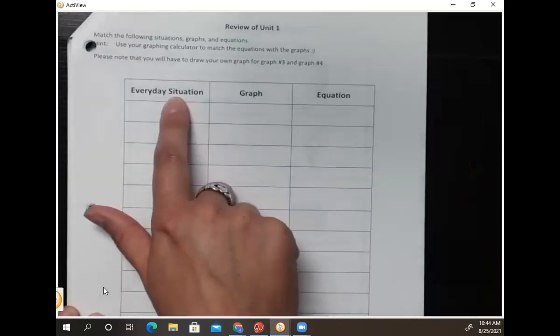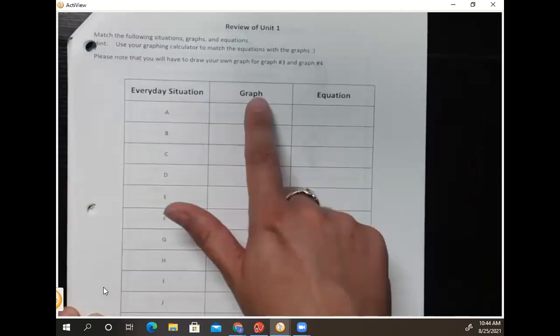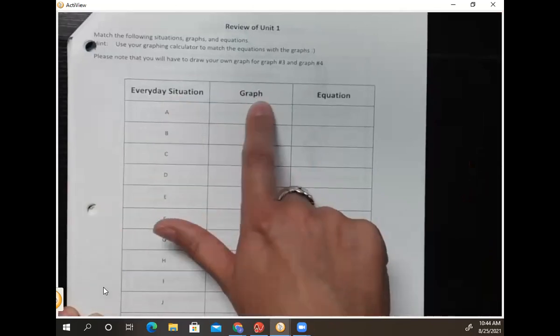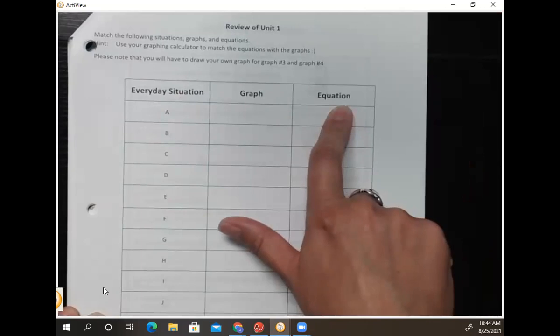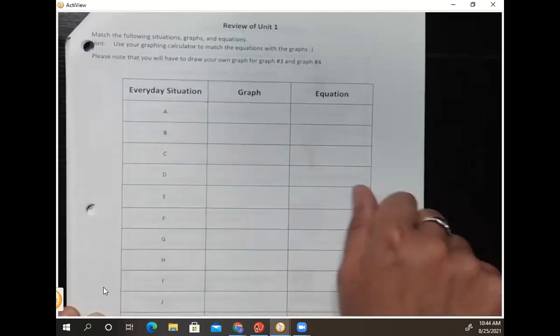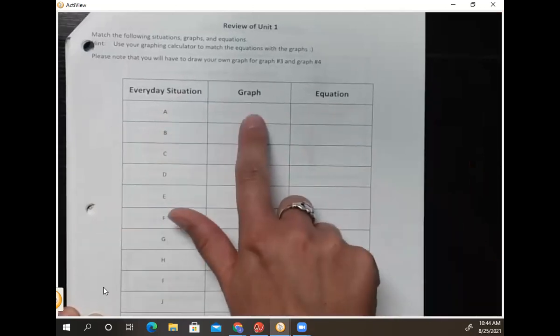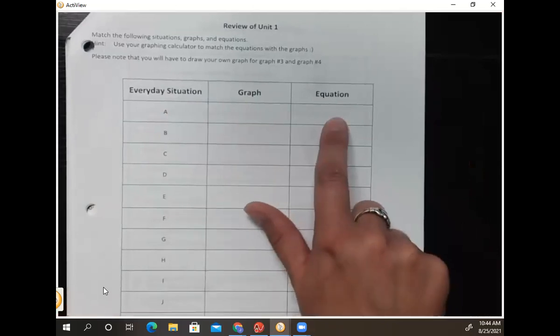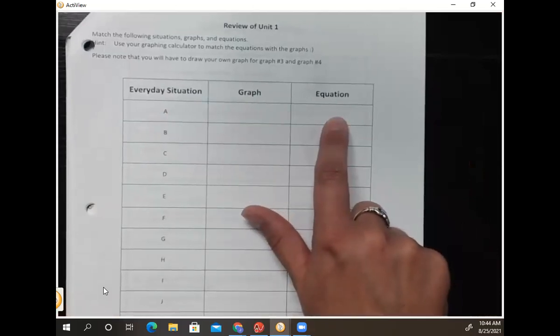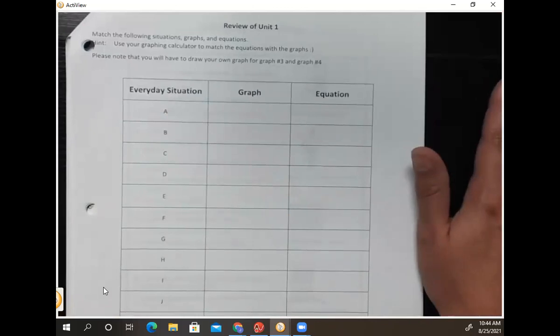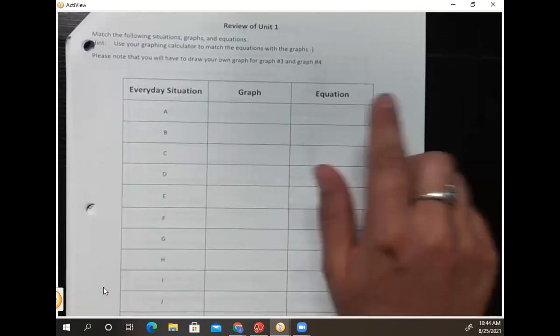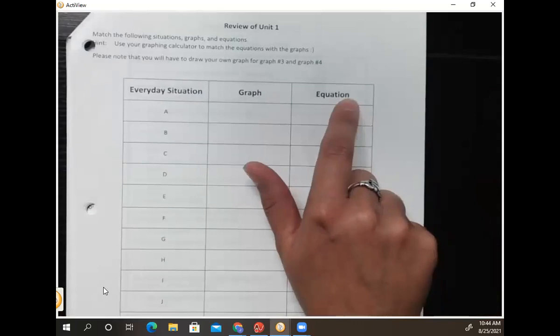You're going to be given a situation, a set of graphs, and a set of equations. Your job is to match the situation with its corresponding graph and the equation that could describe that graph. I strongly suggest you start by figuring out which graphs match which equations.